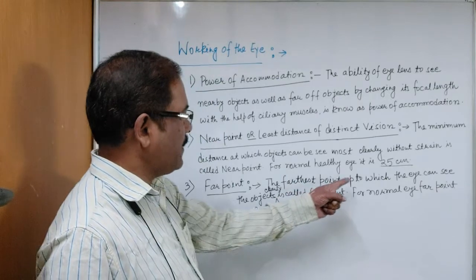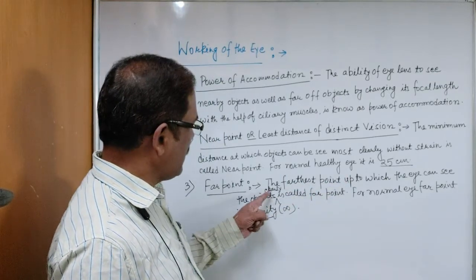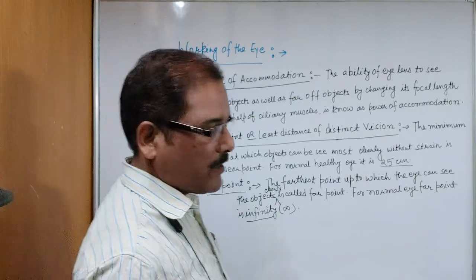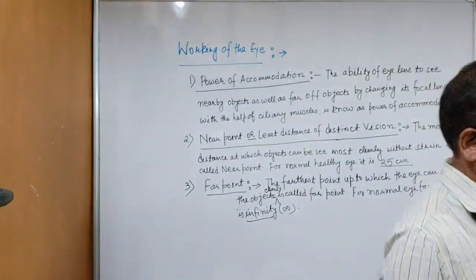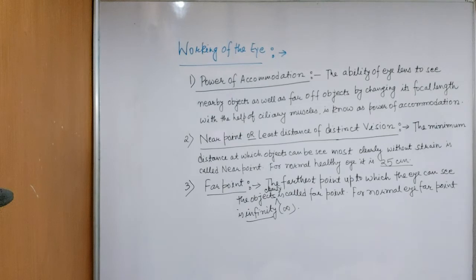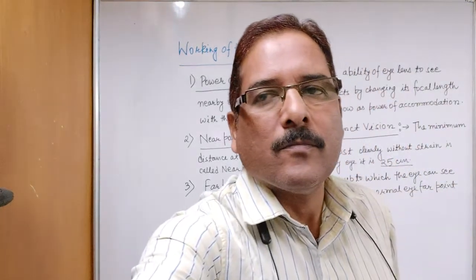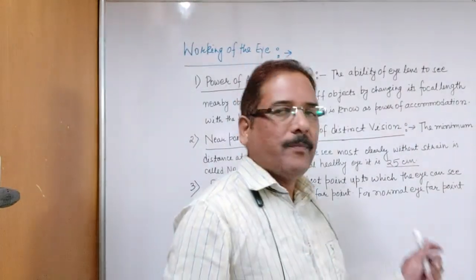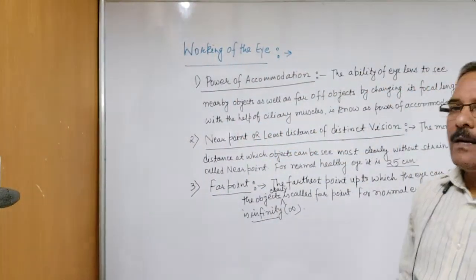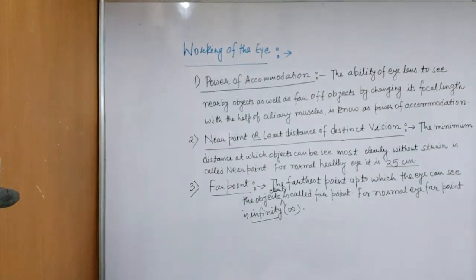The farthest point up to which the eye can see the objects clearly is called far point. So these are the three important terms which are related with the human eye. We have discussed them. You must learn and remember these things.